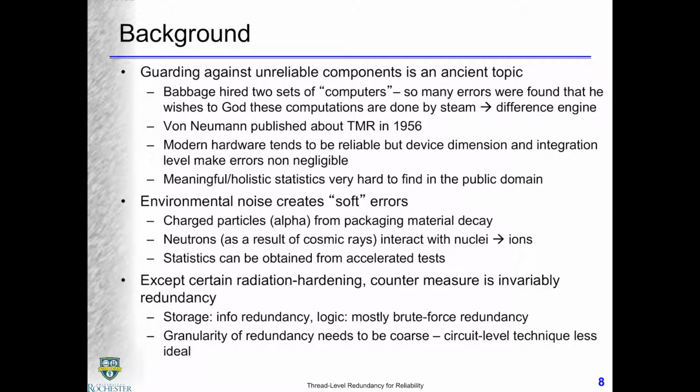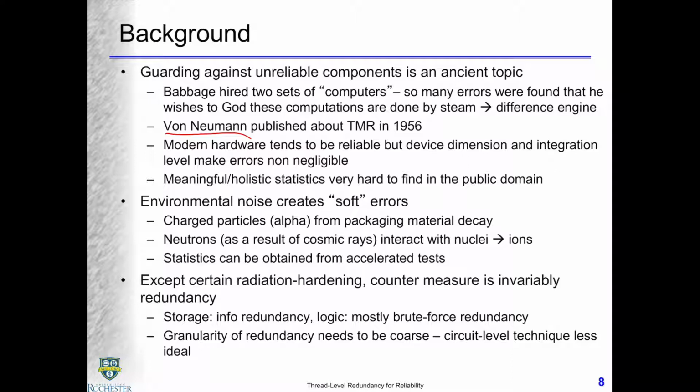Von Neumann, okay, the modern godfather of computation, all these machines that we're running are von Neumann machines, talked about triple modular redundancy in 1956, okay? But back then it was very unreliable vacuum tubes, so you have to have redundancy like that.